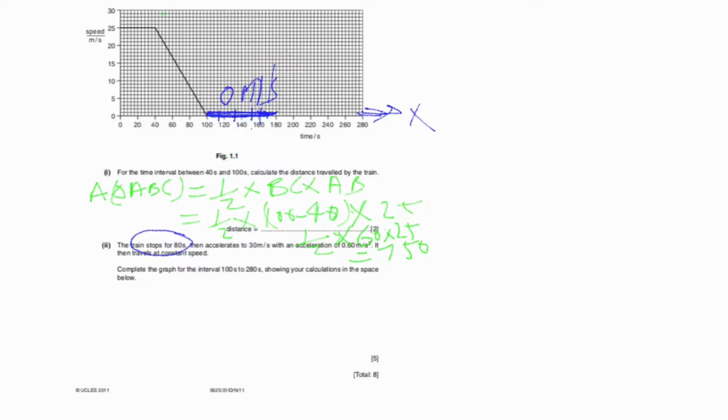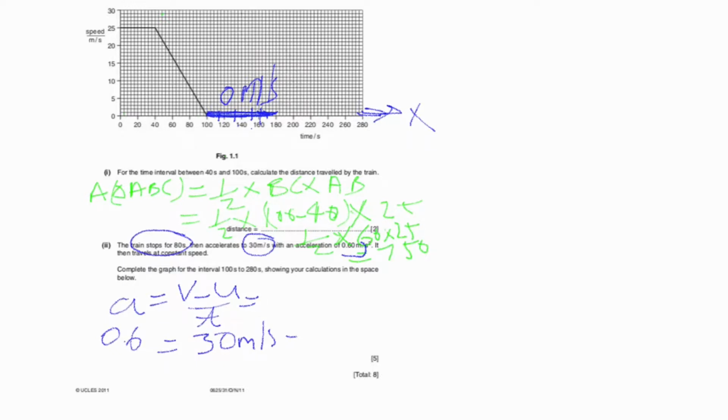Acceleration equals change in velocity upon time, that means v minus u upon t. In this question they have given acceleration as 0.6 meters per second square, final speed as 30 meters per second, and initial speed is 0 because it is starting from rest, meaning it was on the x-axis.